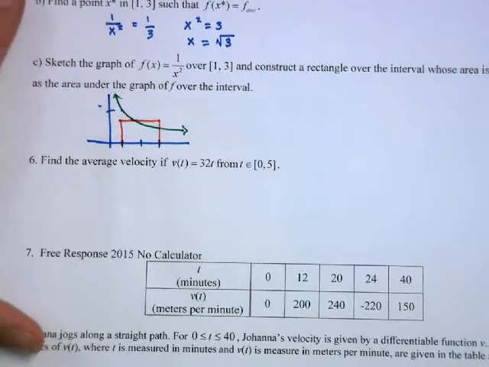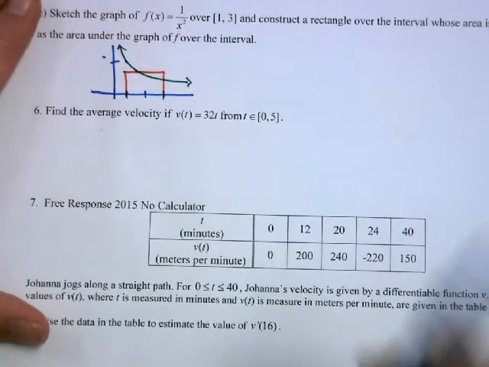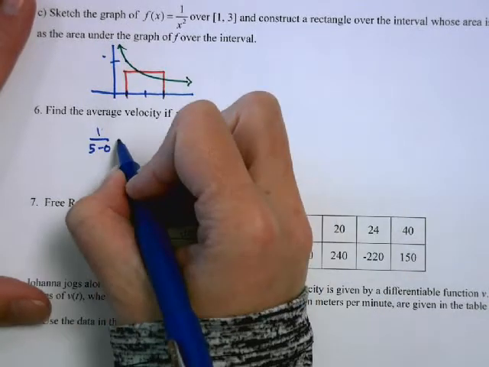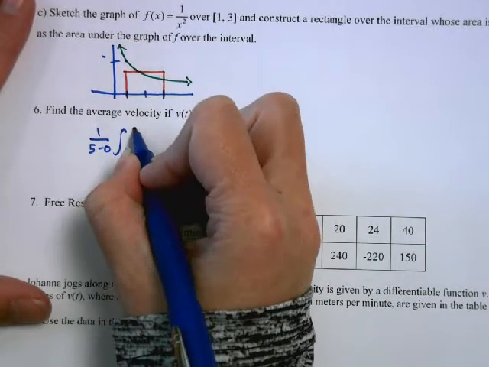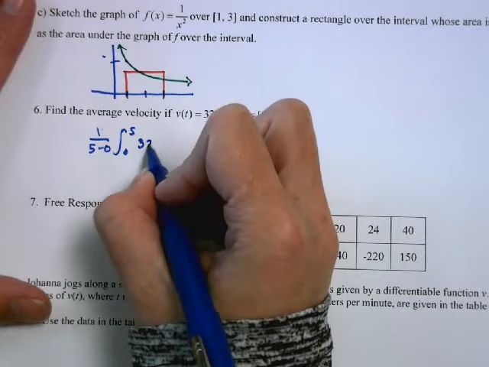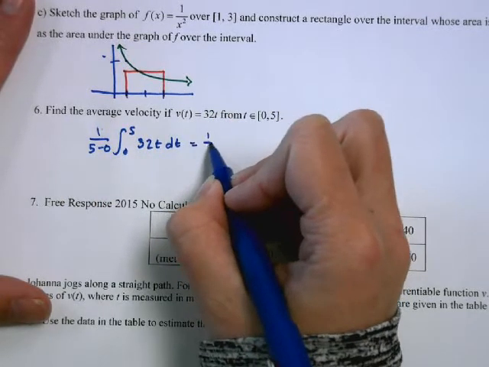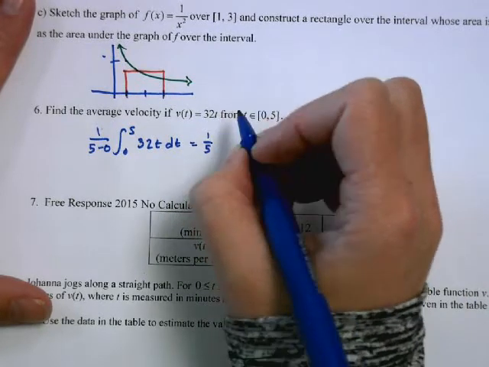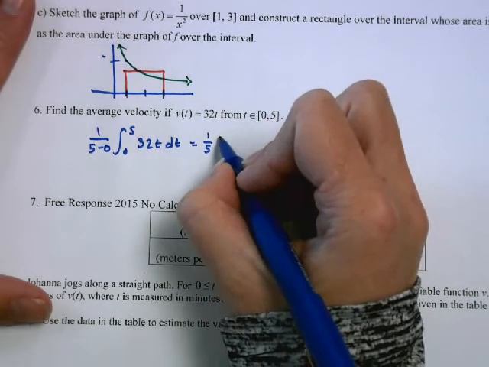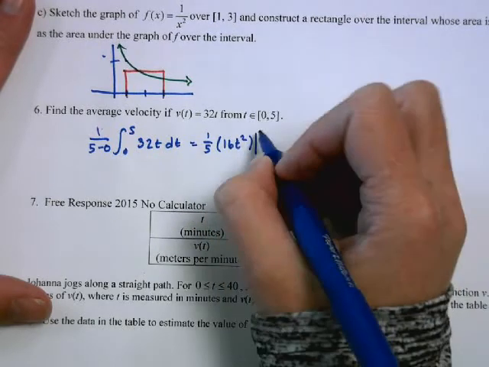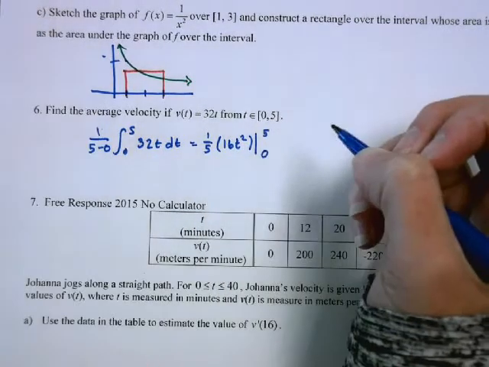Right, find the average velocity. So that's just another way of saying find the average value. So we're going to have 1 over 5 minus 0 times the integral from 0 to 5 of 32t. So this will be 1/5 times 16t squared, evaluated from 0 to 5.